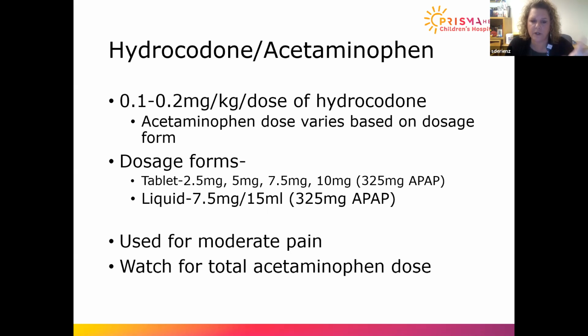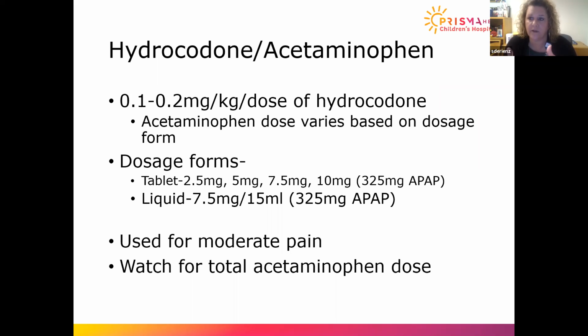Most of the time, this is going to be used for moderate pain. I mean, it could be used in mild pain, but most of the time, moderate pain. And again, the dosage forms, of course, are weight based. And then we have the liquid formulation as well. Oftentimes, too, we get requests to switch one to the other. So we may have to do some tweaking and rounding with that.